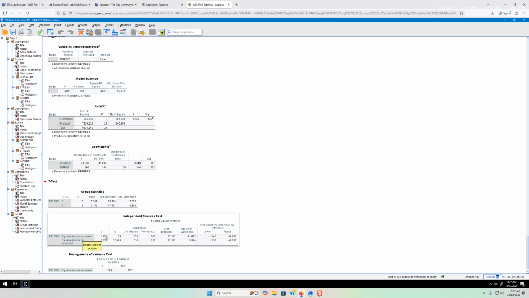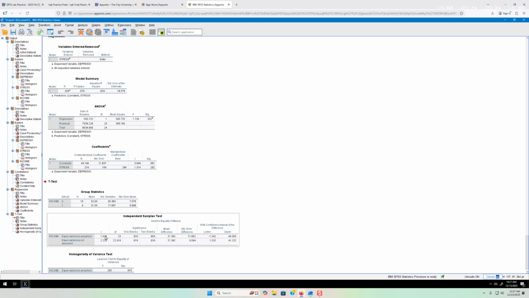Here's your T, 1.929. And we're looking at, is there a difference between drug users and non-drug users in income? Since we're looking for difference, we're looking for a non-directional test. So we want the two-sided P because this is a non-directional hypothesis.